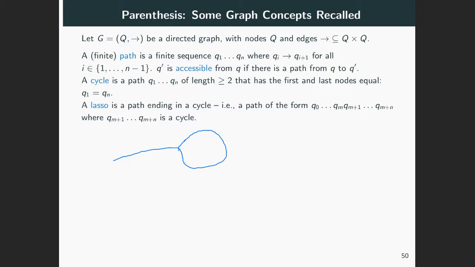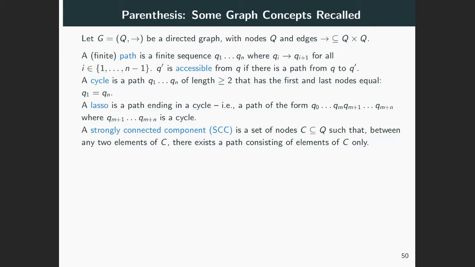So it starts here. It has a stem, so it goes this way. And then it gets into a cycle. So it has a stem part and a cycle part. There's a stem followed by a cycle.